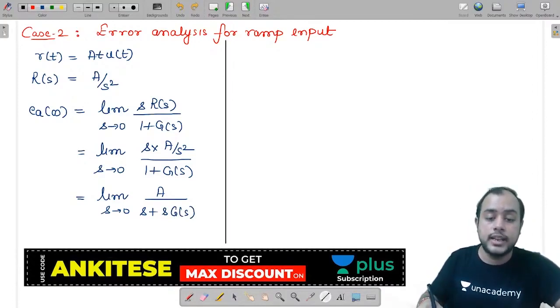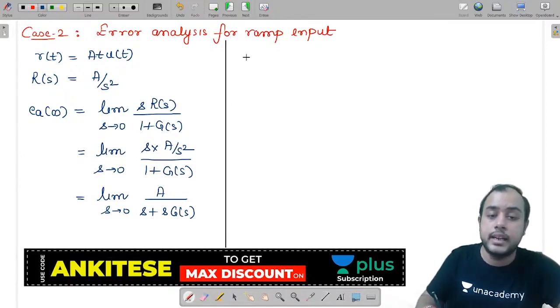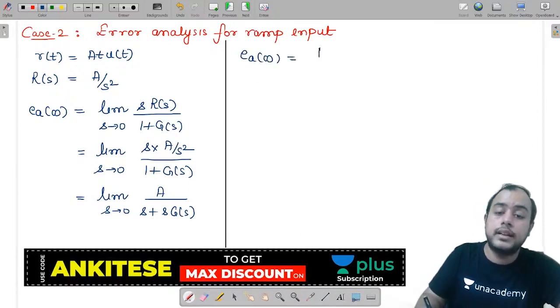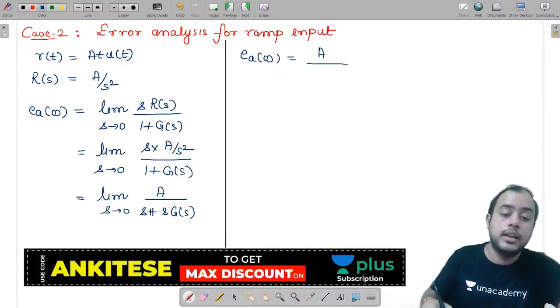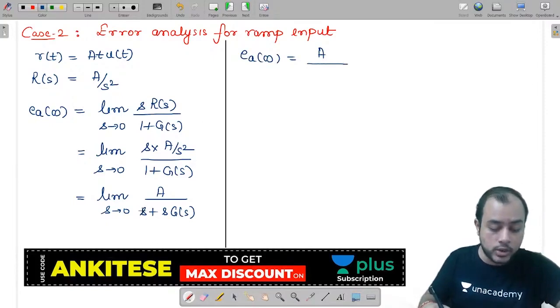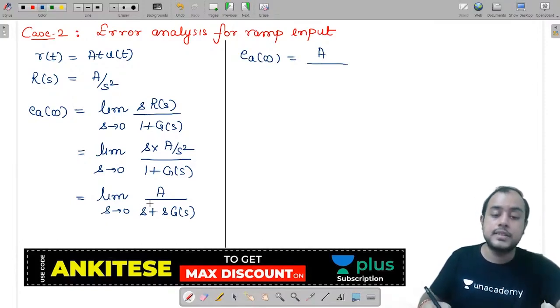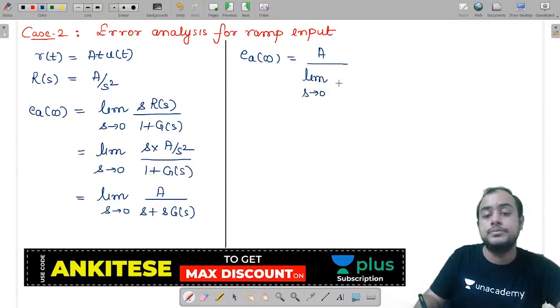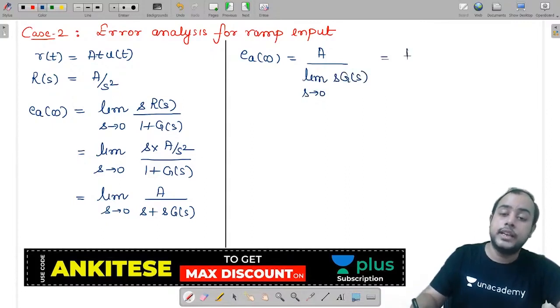That means we should take just the limit of the denominator. That is A by, now if you put s equal to 0, the first term is 0, and the second term is this.